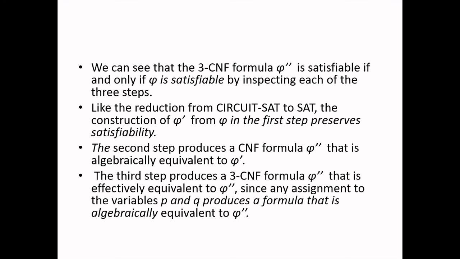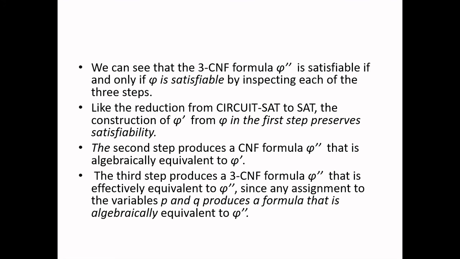Otherwise, if it has just 2 literals, then you will introduce one auxiliary variable, and you will have 2 clauses corresponding to a single clause with the 2 literals. And if the clause has just one literal, then you add 2 distinct auxiliary variables, and you will have 4 clauses corresponding to a single literal. Okay, likewise you get a 3 CNF.